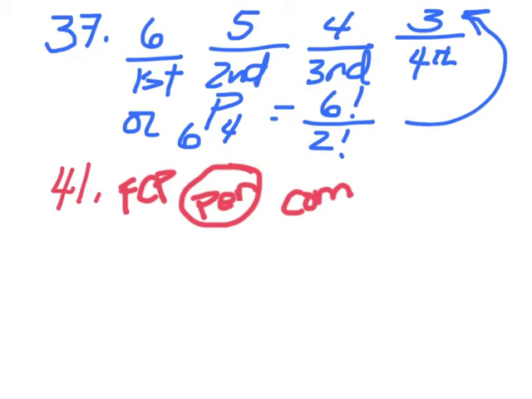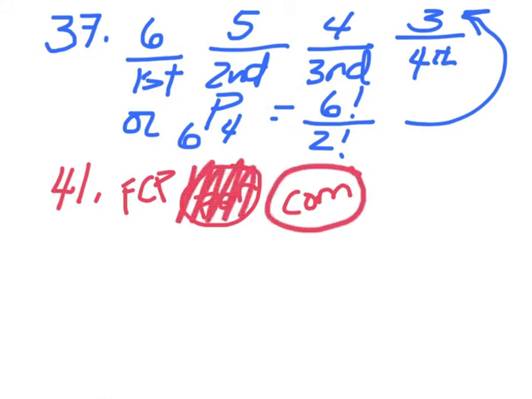Can you believe it? I circled the wrong one. It's a combination because order doesn't matter. You're just picking 3 people to go to a conference, and it doesn't matter who you pick as long as they're picked. So it's neither of the first 2, it's a combination. And what is it going to be? Combination of 20 choose 3. Once you do that, you can simplify and solve the problem.